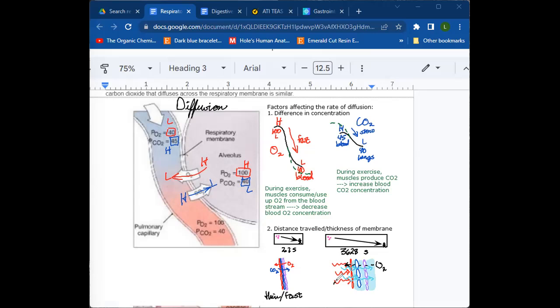And then the carbon dioxide also has to travel all the way through all of this just to get to the alveoli. The gas exchange will happen. It's still going to have to move from high concentration to low concentration, but it's going to be a lot slower because the gases now have to travel farther. The farther that they have to travel, the slower the movement.